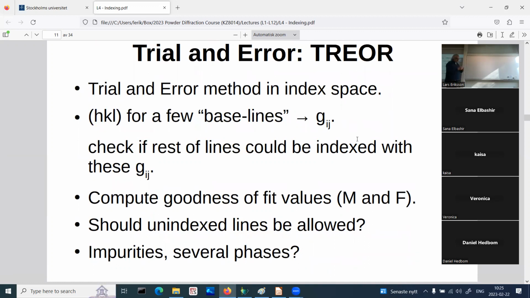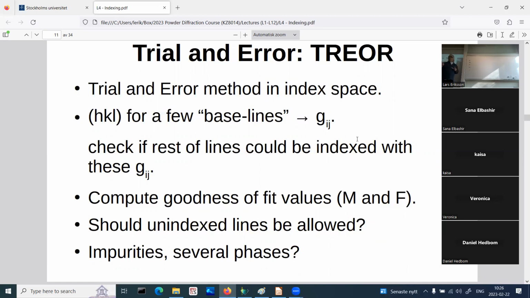Suppose we have a set of base data, lines. Then we can select a couple of them. How many do we need? Yeah, it depends on the symmetry.